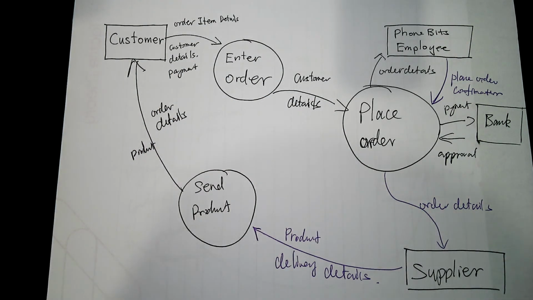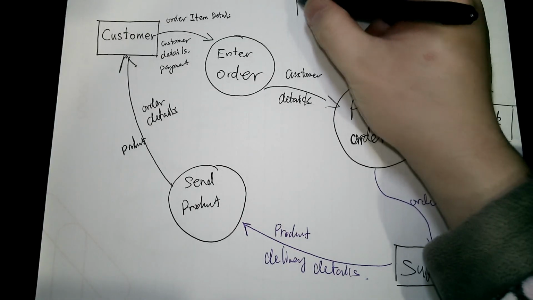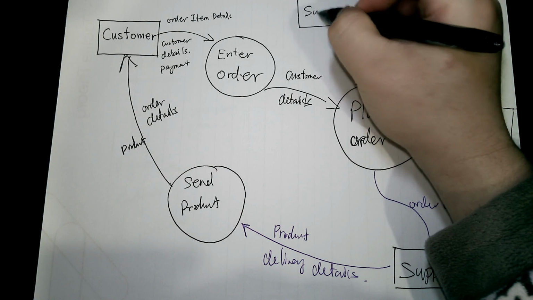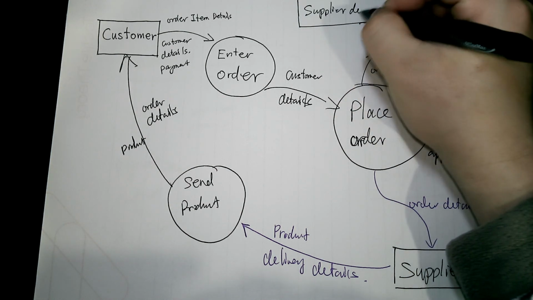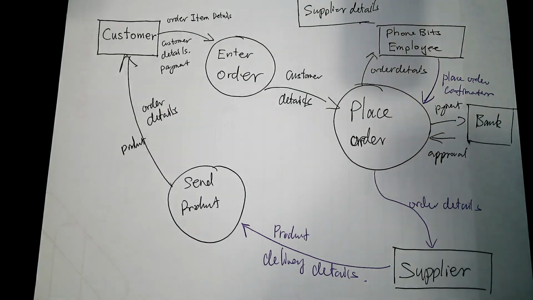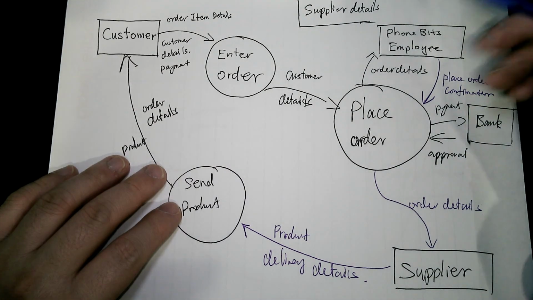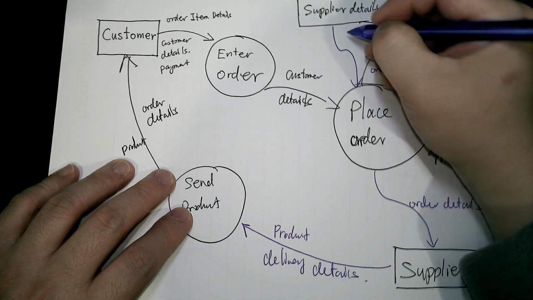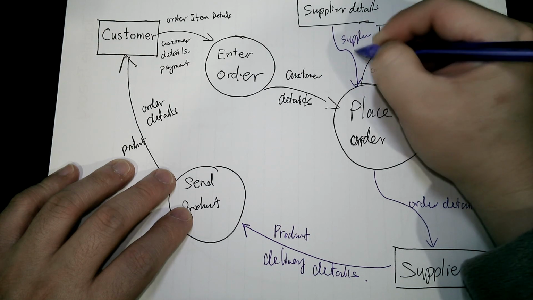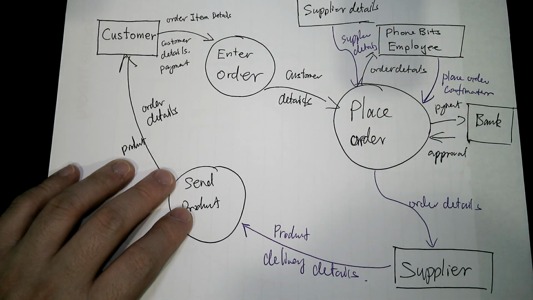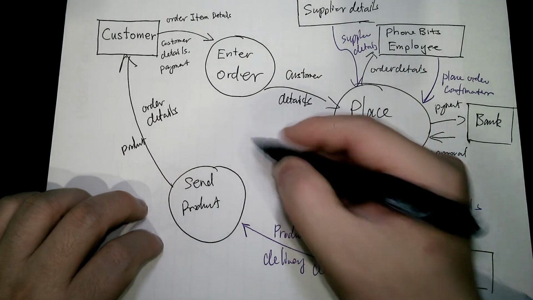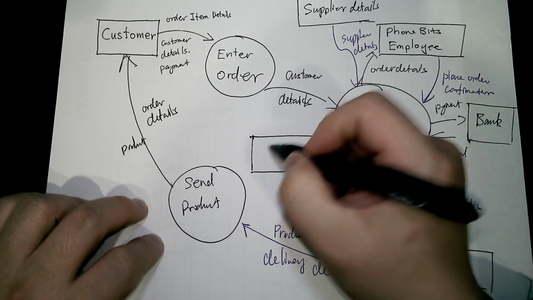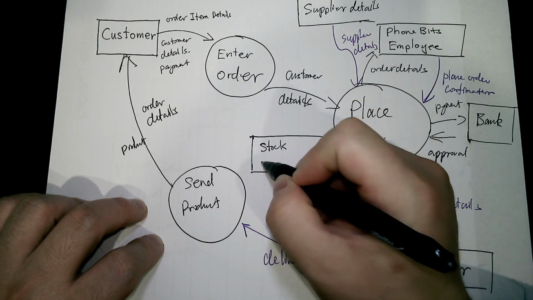But you ask, okay, where is the data store? Now we have a data store here of supplier details. When they place the order, the supplier details are going to be there. So supplier details go into the system, and then I also have another one here, which is a stock database.